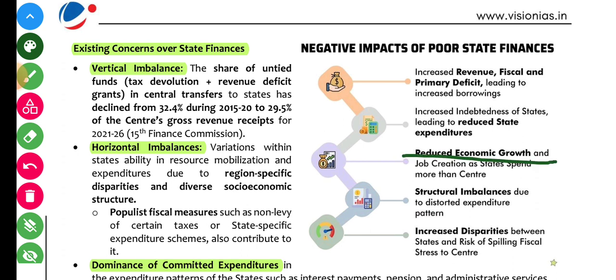Reduced economic growth and job creation, as states spend more than the center. Structural imbalances due to distorted expenditure pattern. Increased disparities between states and risk of spilling fiscal stress to the center.